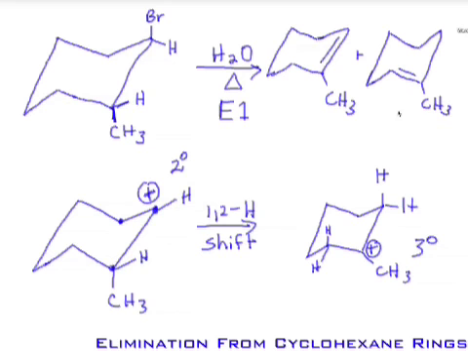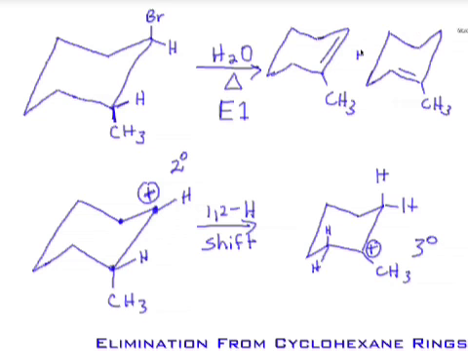And you can tell that by simply naming it. They are both 1-methylcyclohexene. The point is they're identical. You can ring flip and flip the whole molecule over and you'd find them the same.